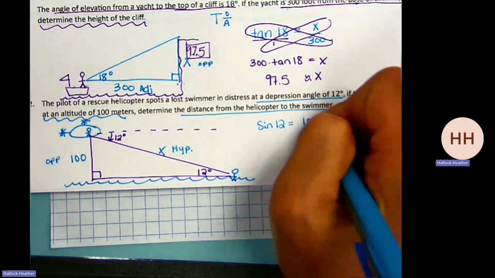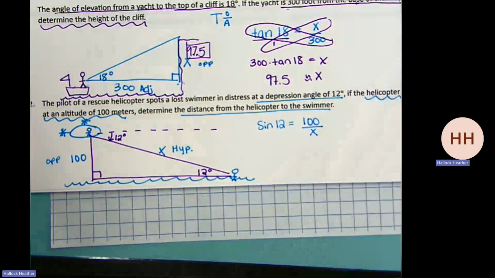So the math is exactly the same as last week. It's just now you have to create your problem. So I'm going to put it over 1 and cross multiply. So take a second, put it over 1, cross multiply.